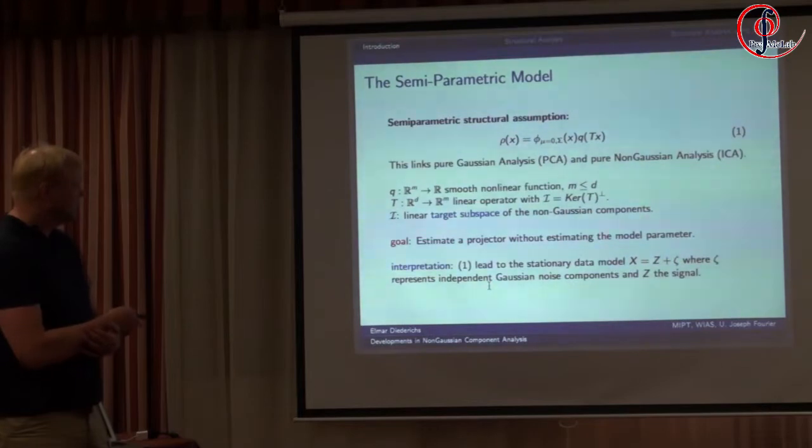Consequently, the non-Gaussian subspace, or the subspace of the informative components, can be defined as the orthogonal complement of the kernel of T. So we have a linear method, and the goal is to estimate the projector on the non-Gaussian components without estimating the model parameters.